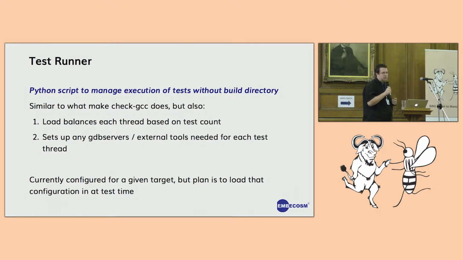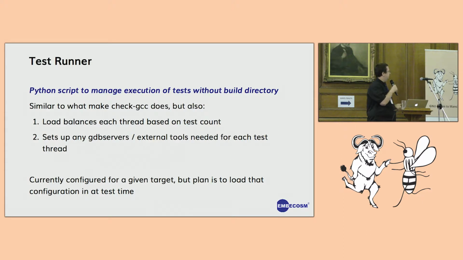For instance, if a target needs a GDB server running for actually executing tests, this will manage bringing up servers, mapping ports between instances of the tests and the GDB servers. Oh, a GDB server's failed, I better kill that and relaunch it. And it will load balance the tests across a set of threads, based on, I want 20 tests to be given to each DejaGnu instance, rather than I want tests that start with A to go to this instance.